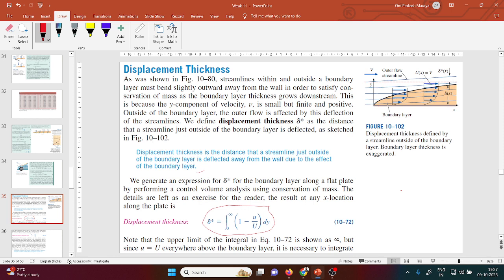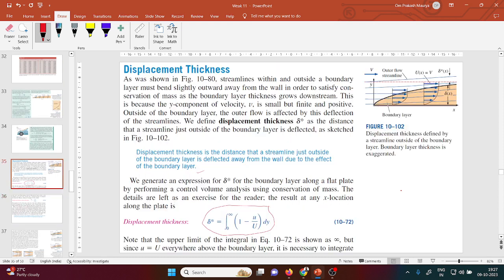And the displacement thickness is just above the boundary layer: the distance that a streamline just outside the boundary layer is deflected away from the wall due to the effect of the boundary layer. Very simple definition. Always remember.